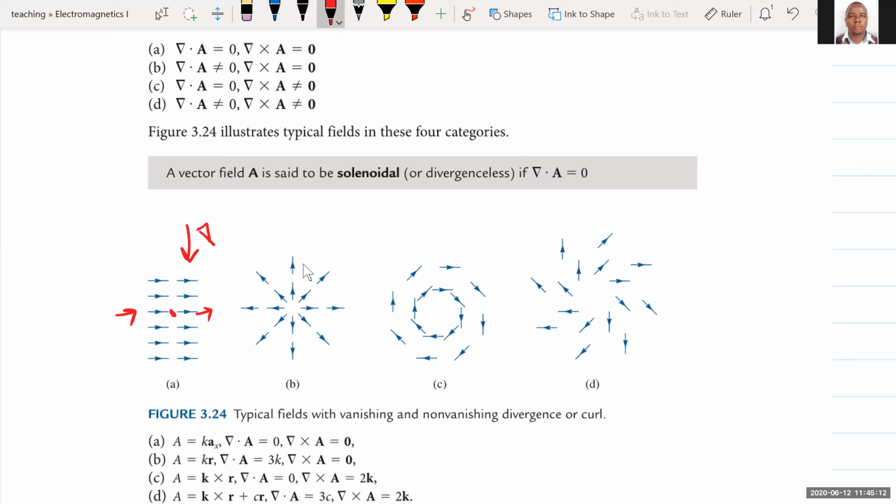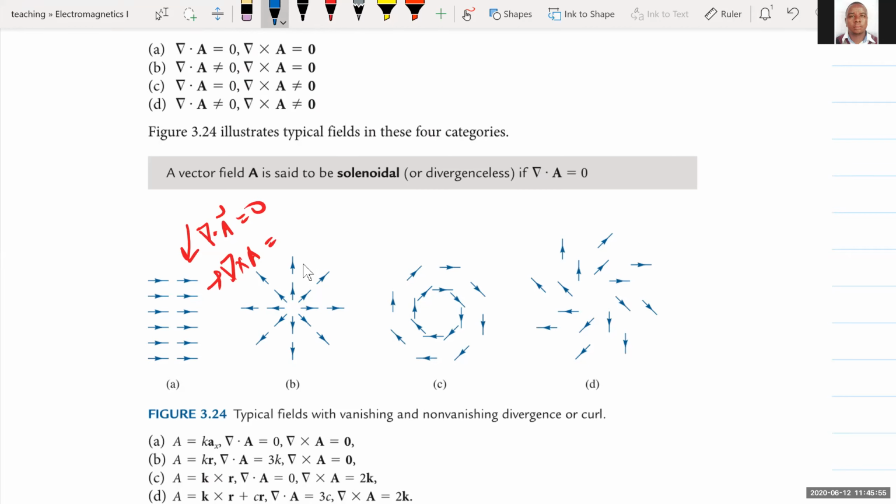So if this is my vector A, the divergence of that vector is going to be zero, because it is not generating or absorbing any fields. They are just passing through. If this was some volume there, then all the arrows are getting in and getting out. Now if you look at the curl of A, you try to find out if this vector A is rotating, because that is what the curl tells you.